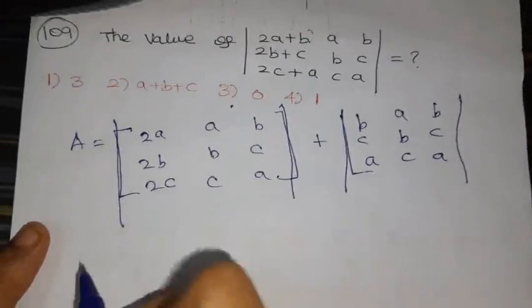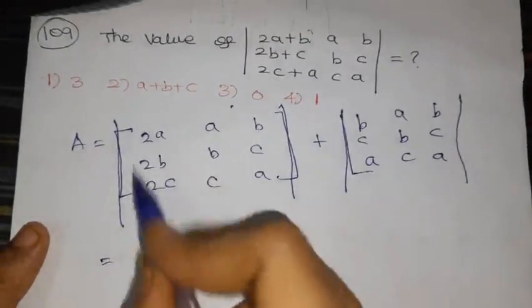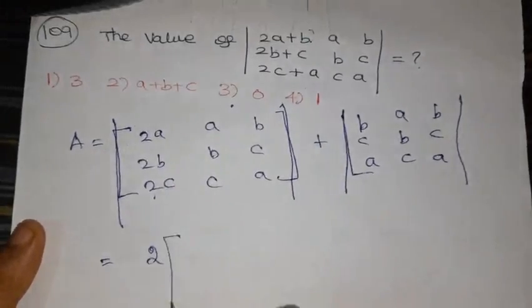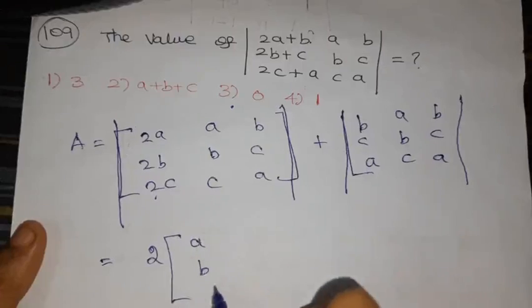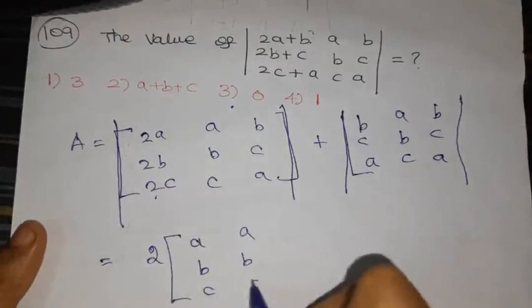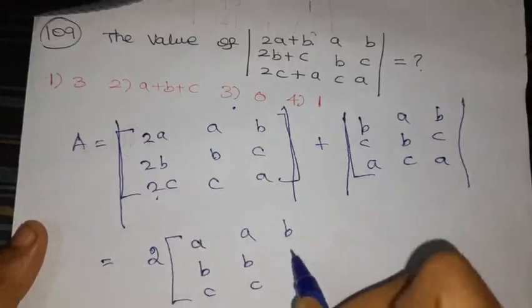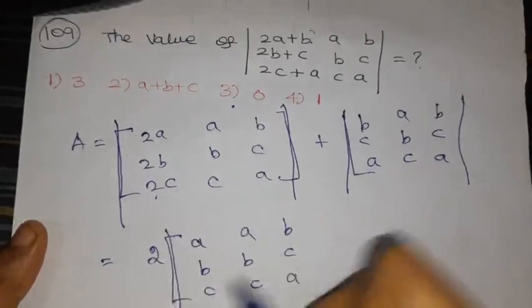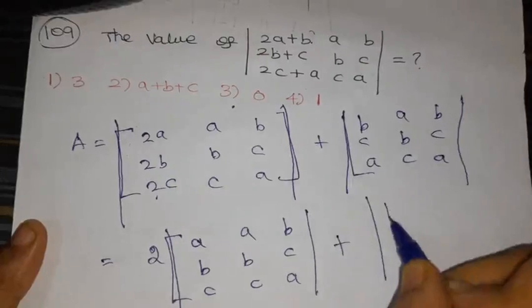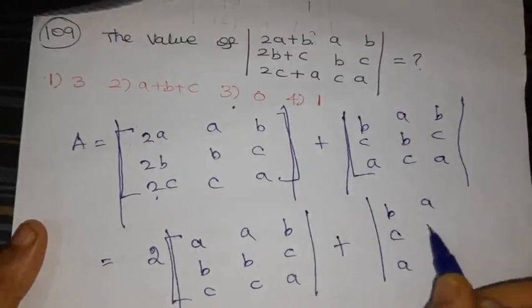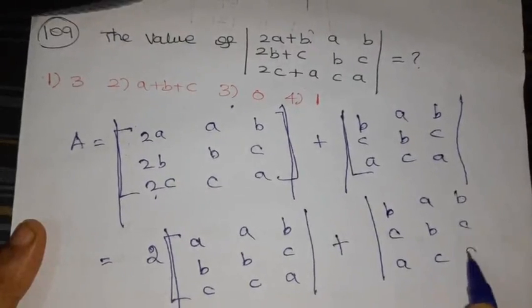Now, how can we simplify? 2 is common for column 1: a, b, c here, also a, b, c here, and b, c, a here, inside the determinant. Plus the same thing repeats.